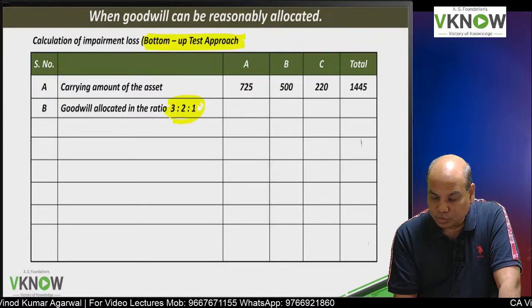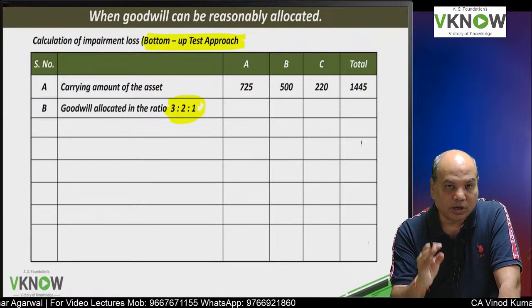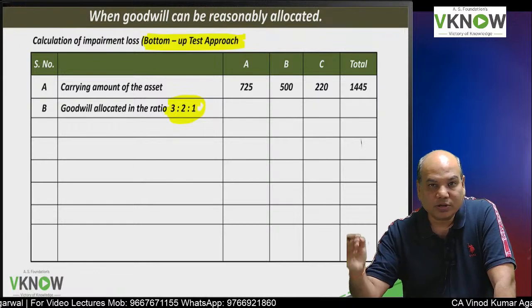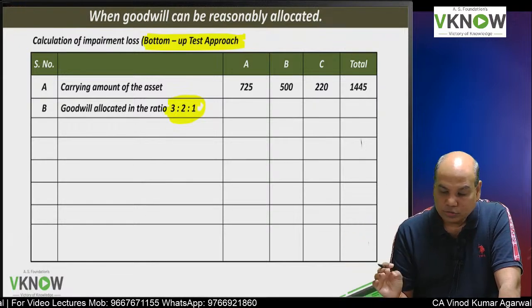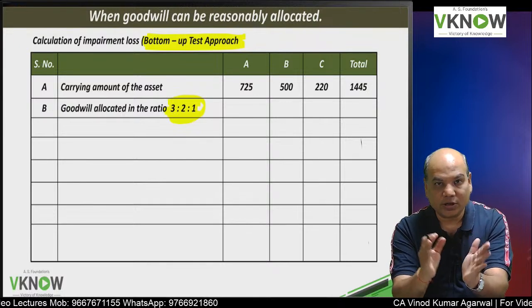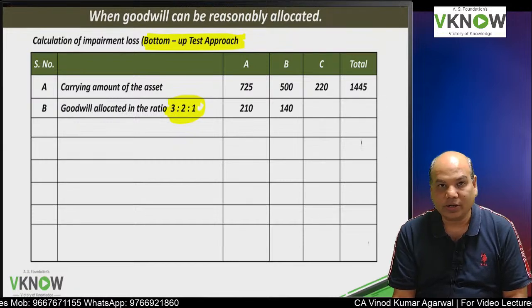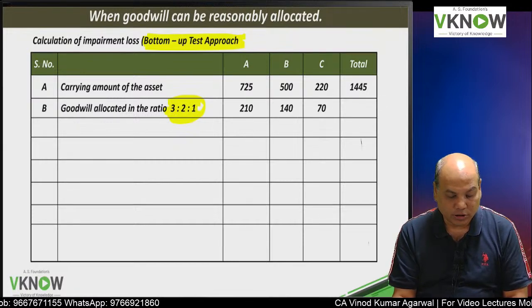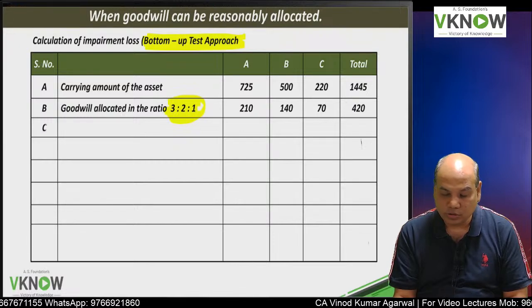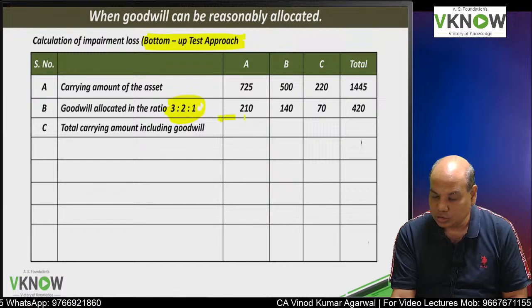This will give you a more appropriate allocation of goodwill. So please allocate goodwill 420 in the ratio 3:2:1. That comes to 210, 140, 70, 420, and then the total carrying amount. Take the total on your own, right below.